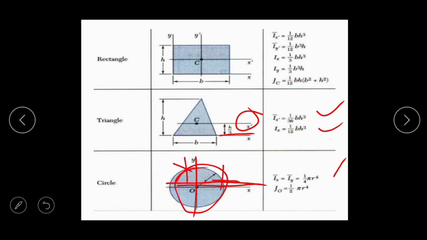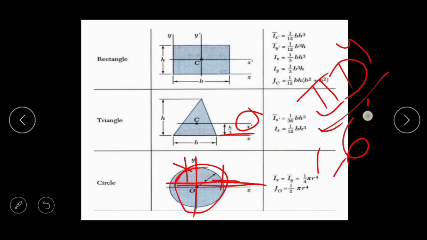So we know that for the bridges we are making the pillars of circular cross section because of this reason only, because for the circular cross section the moment of inertia at all directions, or about every axis, is the same, that is pi r to the power 4 by 4, or we can say in diameter form, that is pi d to the power 4 divided by 64.